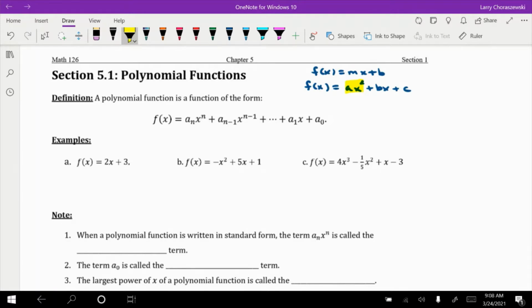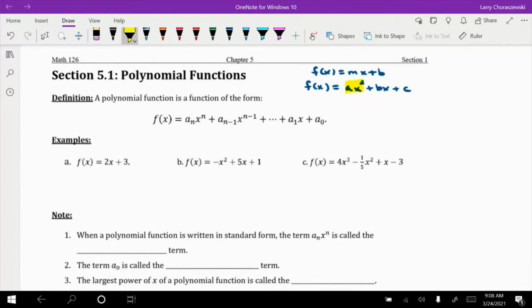We can continue adding terms with higher and higher powers of x. There's no stopping us when adding something like an x cubed term. Although you would no longer have a quadratic function, you would have what's called a cubic function.